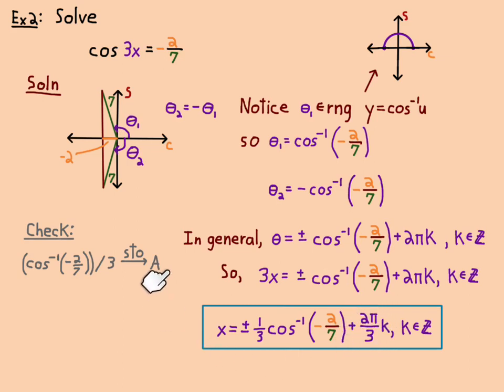And I stored it in A. And then I'm plugging it in here. So I get cosine of 3a, and I got approximately negative 0.2857. And then I took negative 2/7, and I got the same thing. So that checked out.